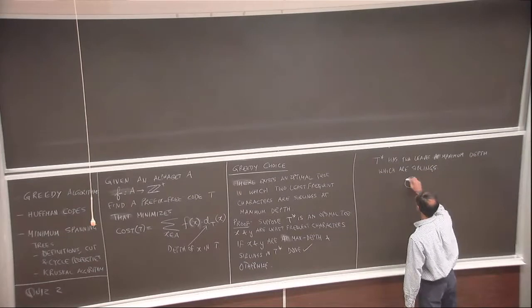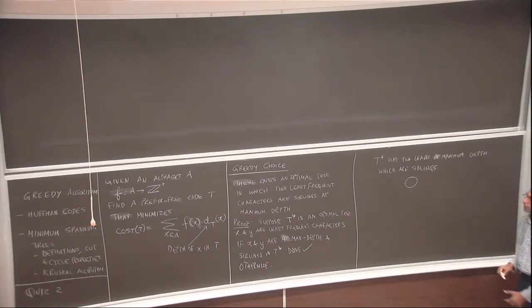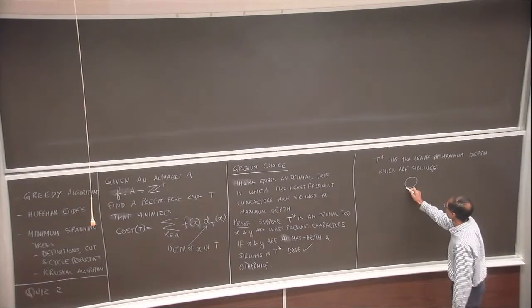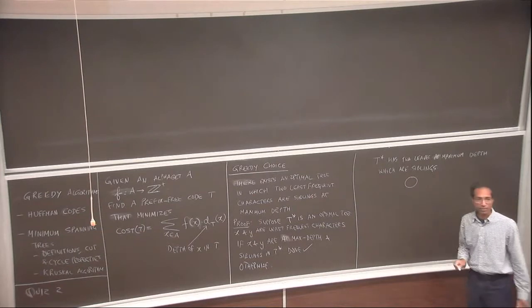So consider any tree that is supposedly the optimal solution. You agree that there is some leaf at the maximum level.